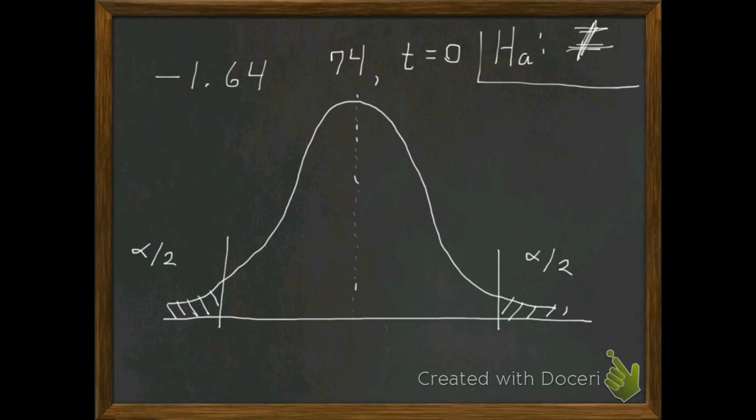Now, we need to find the line in the sand that separates what we call the fail to reject region from the region that we call the reject region.